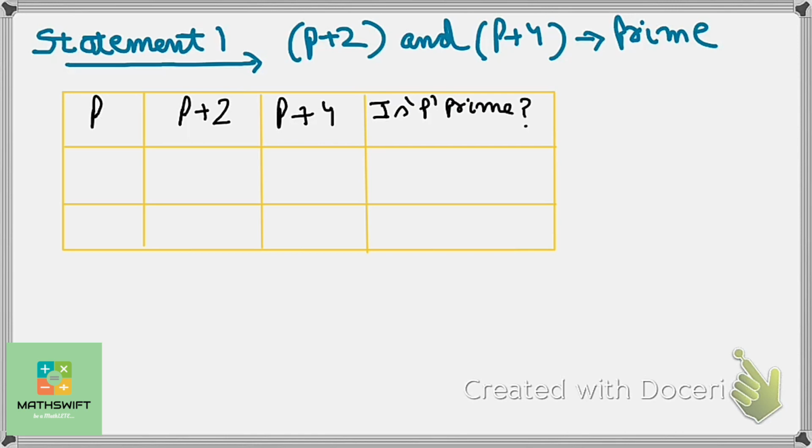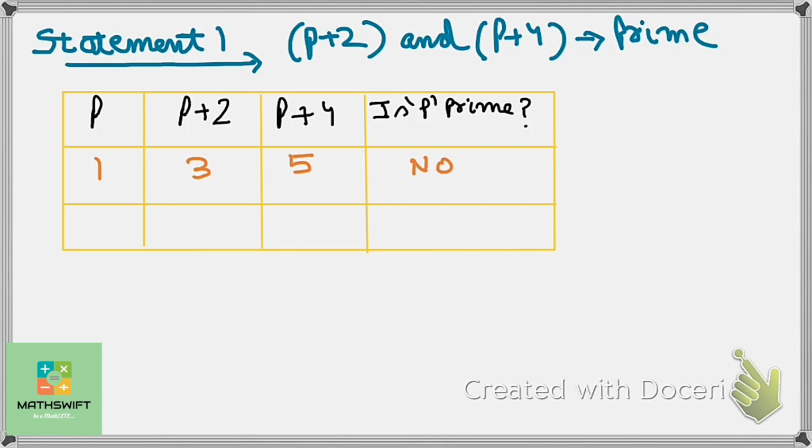Now we can assume p to be 1, then p plus 2 would be 3, which is a prime number, and p plus 4 would be 5, which is again a prime number, but we know that 1 is not a prime number, so p is not prime here.